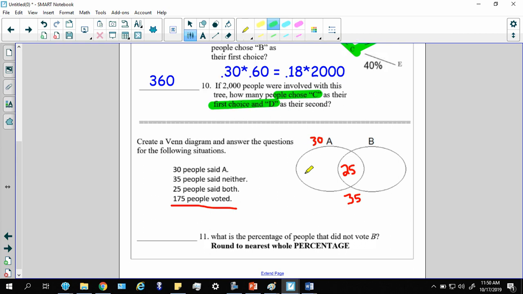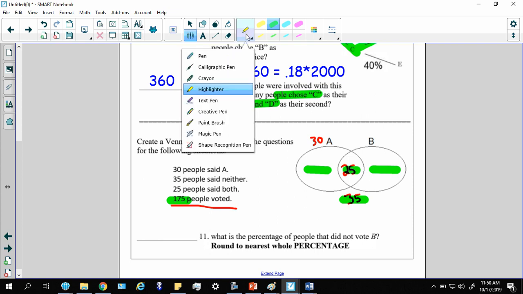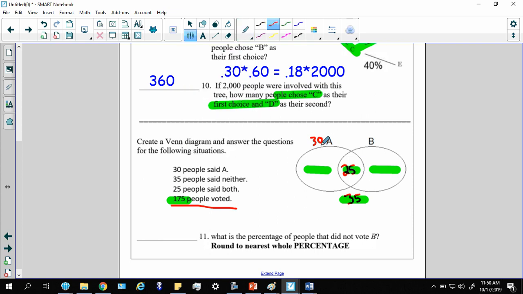Remember, whatever number goes here, here, here, and there will equal 175. Now, 30 people said yes. 25 said both, but 25 makes up part of that 30, which means the difference will be 5. Now, once you know all of this information here, just add and then subtract from 175. So when you do that, you end up with 110.